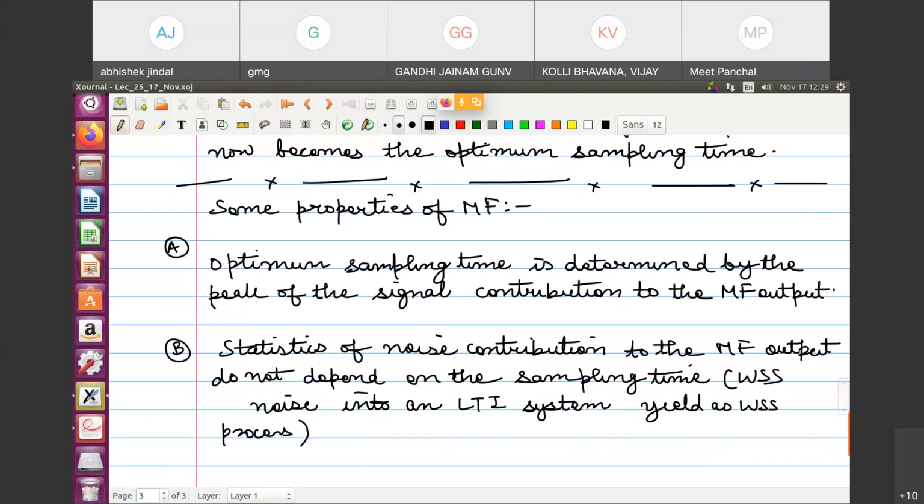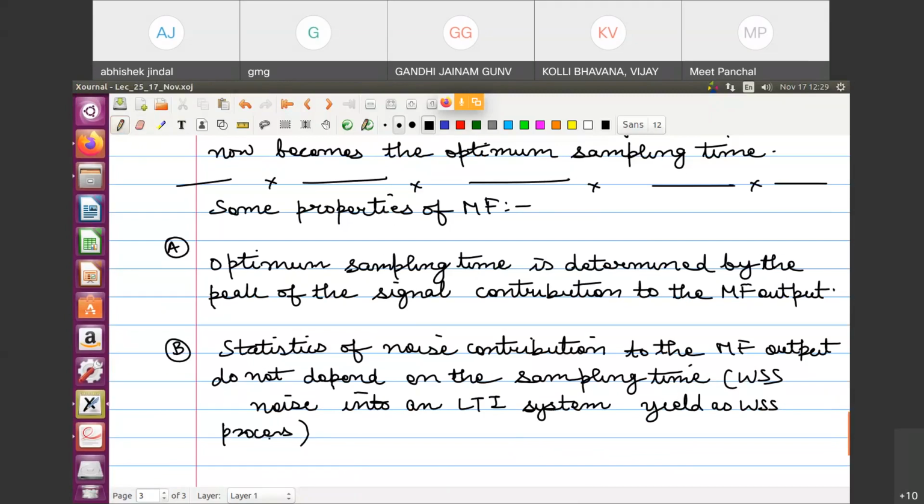Now, what does it mean? It means that if white and stationary noise is the assumption, and we are feeding it to an LTI system, because we are doing matched filtering or some sort of correlation, the output, because it's an LTI system, would also be a white and stationary process.